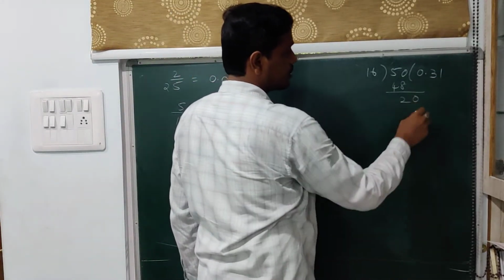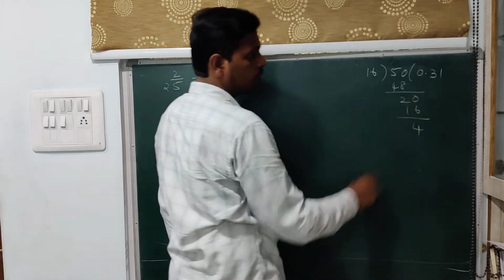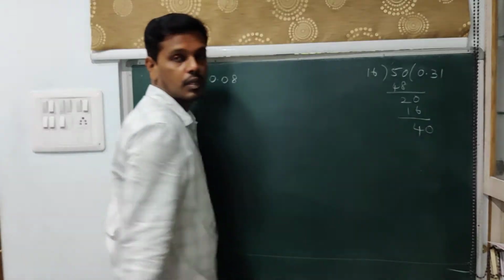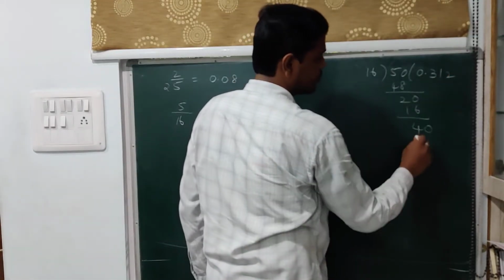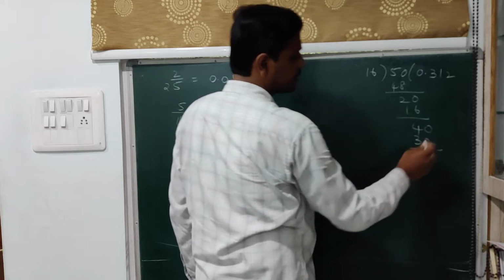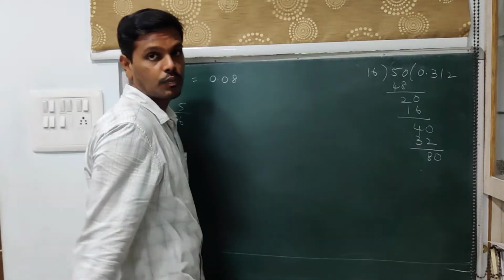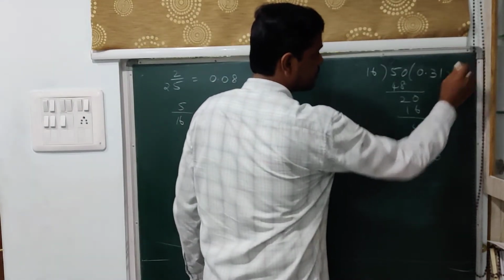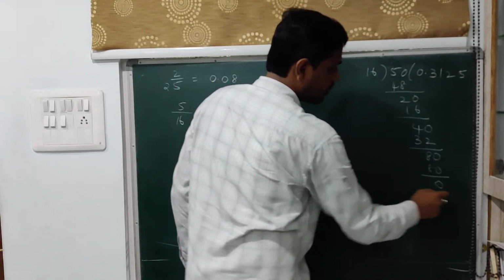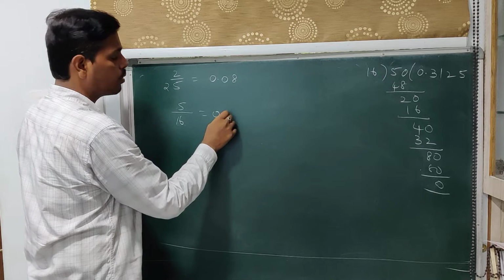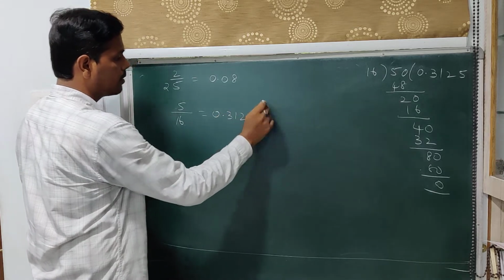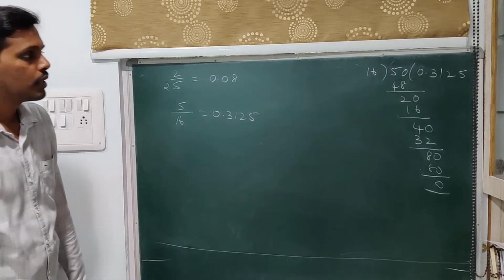So 16 1s are 16. 4, you have a point, you can take 0. 16 2s are 32. Leftover is 8. 8 is less than 16 again. You have a point, you can take 0. So 16 5s are 80. So this is 0.3125.